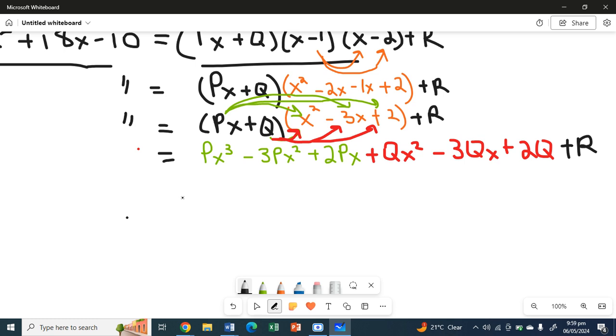If it's x to the power 1, we put them together. So that is px cubed. We can't see any other x to the power 3, so this one is by itself. Next, we look for any x to the power 2. So we have this negative 3px squared and qx squared.